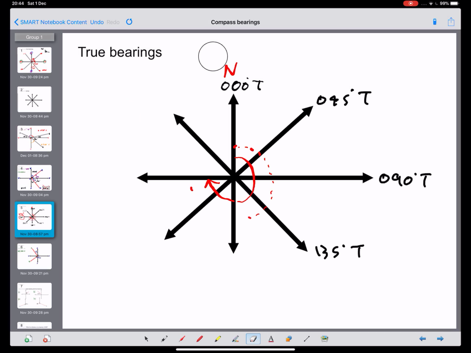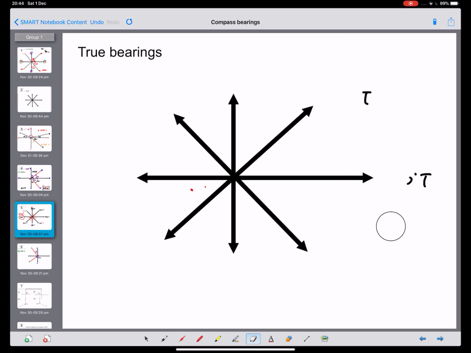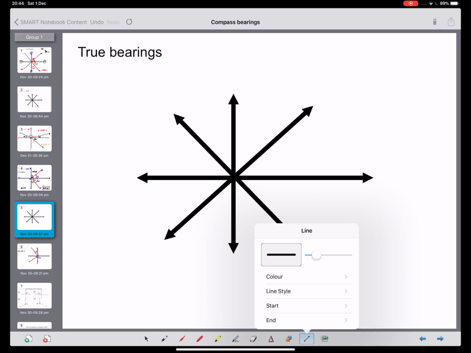Get rid of all this. Now, I'm going to tell you that we've got a new position. Okay, and this position is measured here.